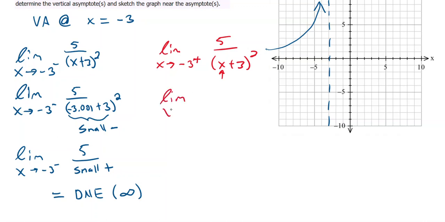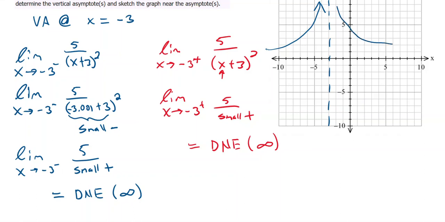So we've really got the limit as x approaches -3 from the right of 5 over some very small positive number. Okay, so again, this is going to be does not exist, or positive infinity. So what this is telling us is that on the other side as well, our graph is approaching infinity.